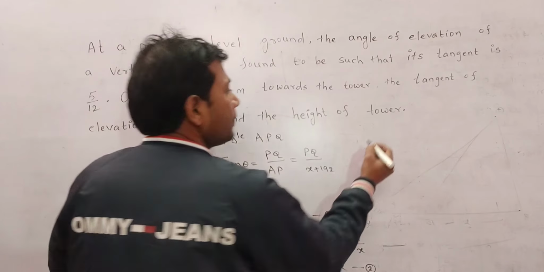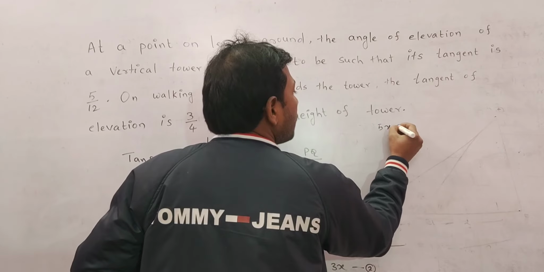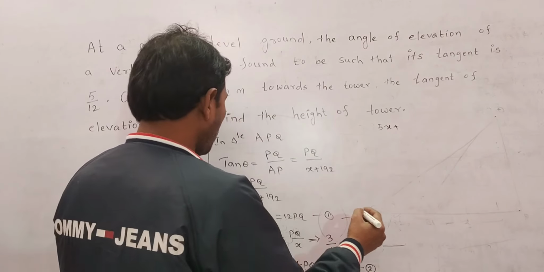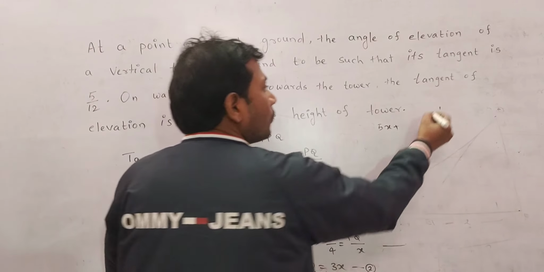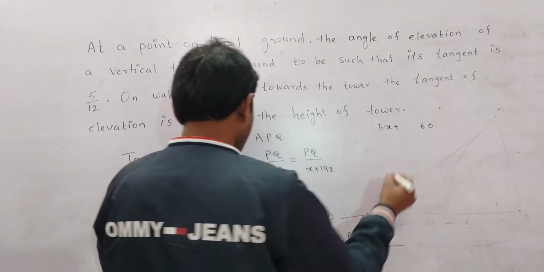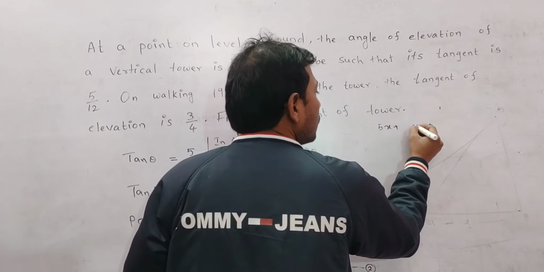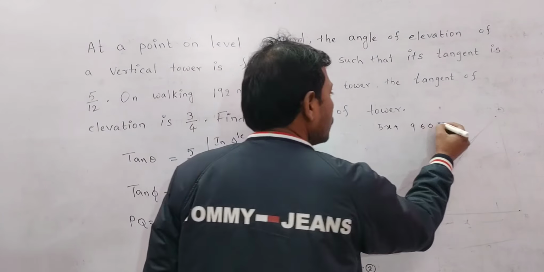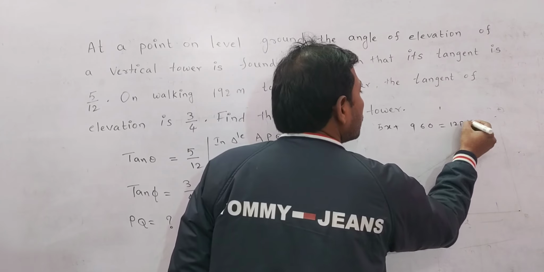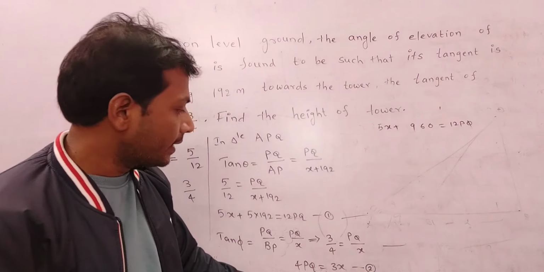5x plus 5 into 192: 5 2s are 10, 5 9s are 45 plus 1 is 46, 5 1s are 5 plus 4 is 9, so 960 equals 12 PQ. I divide by the second equation.